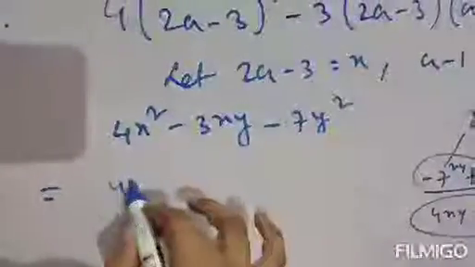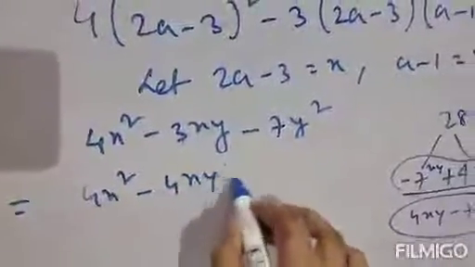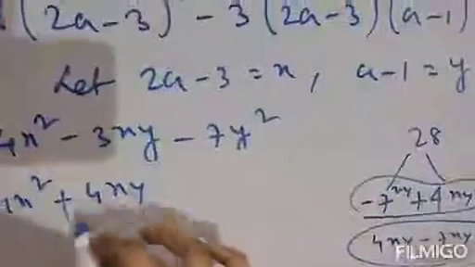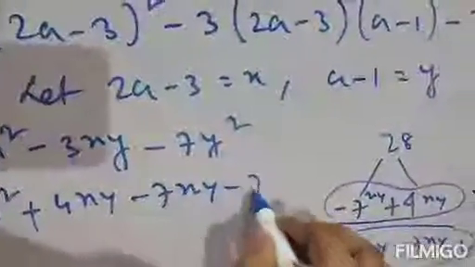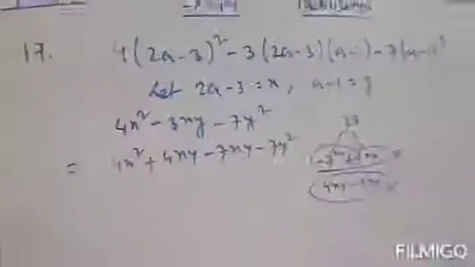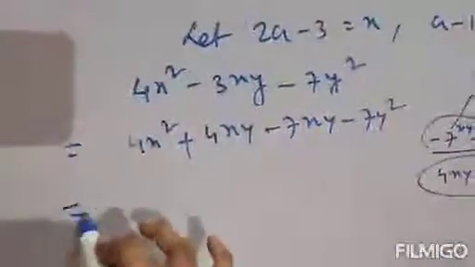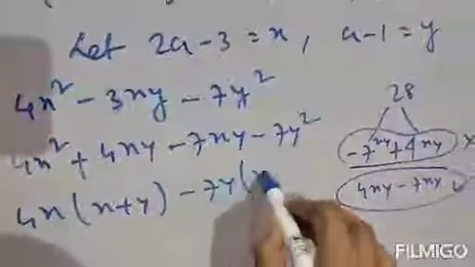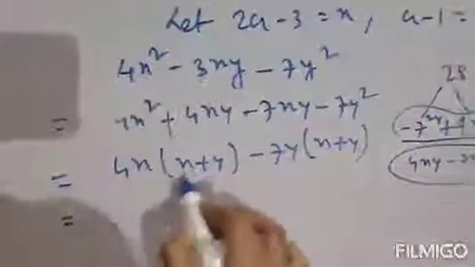So we write 4x² + 4xy - 7xy - 7y², which is also -3xy in the middle. Now if you take common, that is 4x(x + y) - 7y(x + y), so there are two common parts, x + y.